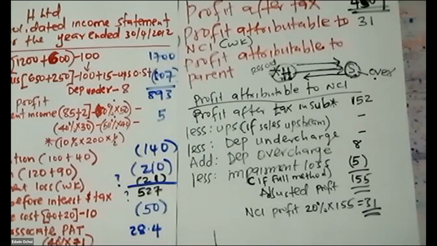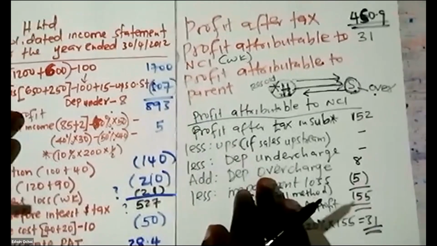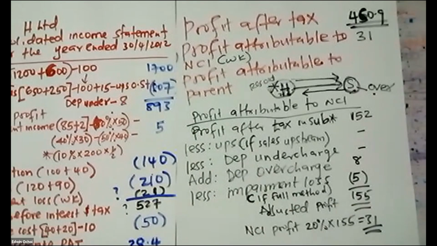After getting that, you multiply with the NCI percentage to get the profit attributable to NCI. So out of 450.9, 31 is going to the NCI.